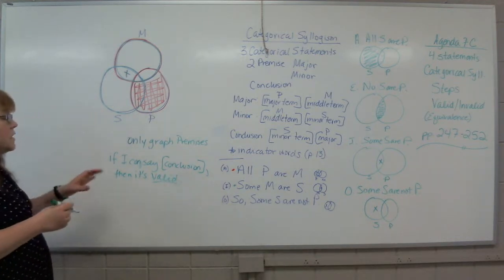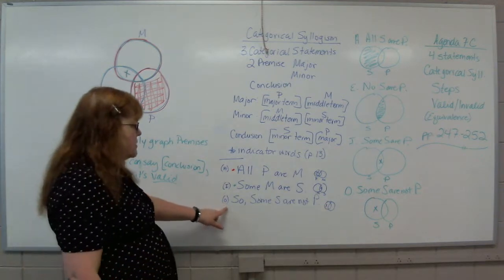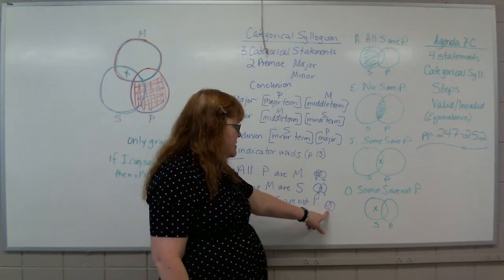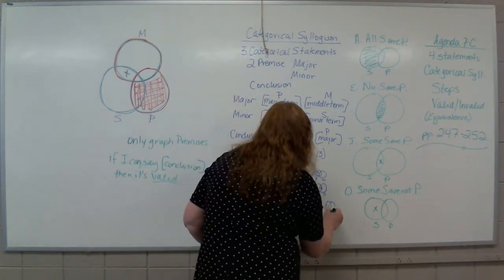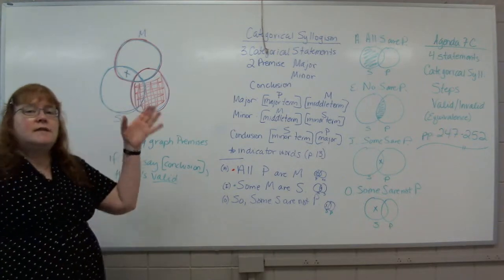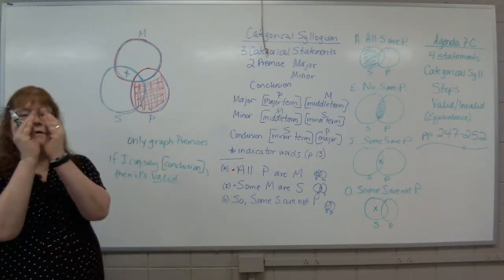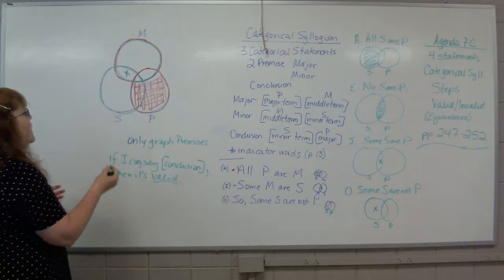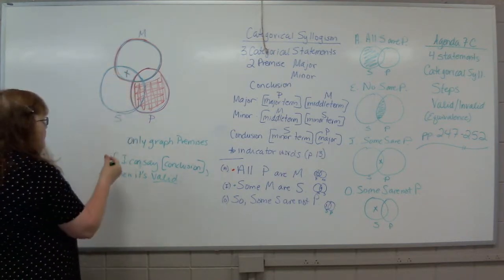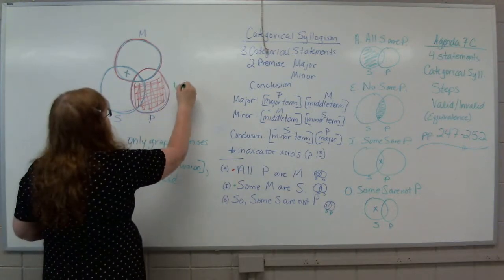So, my conclusion is an O statement. That means somewhere in my S, sorry, I didn't label that, somewhere in my S there has to be an X that's outside the S and P eyeball section. Well, I have that. It's up here, it's a little high, but that's okay. So this is a valid argument.